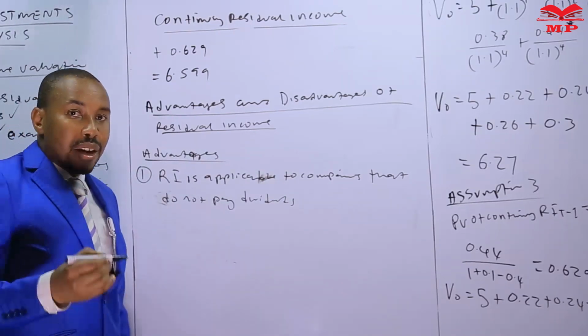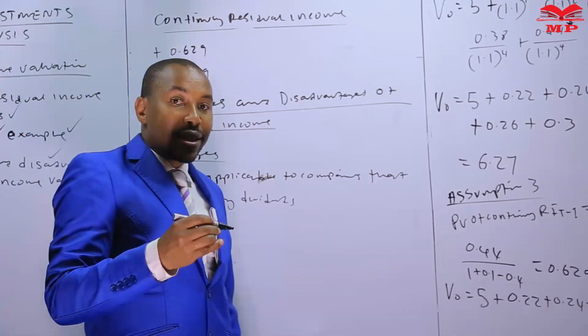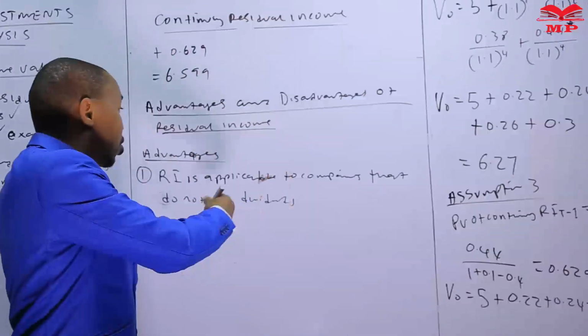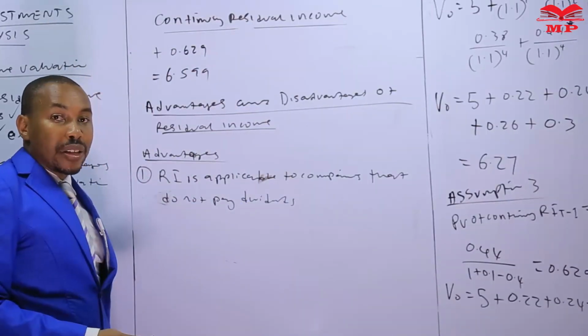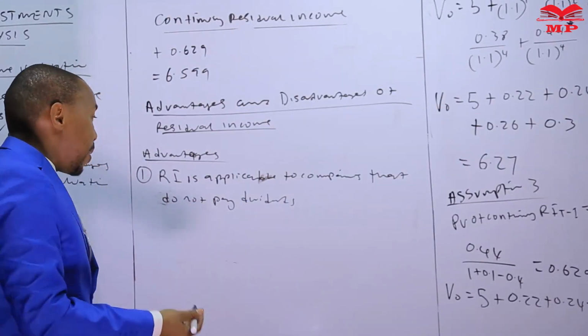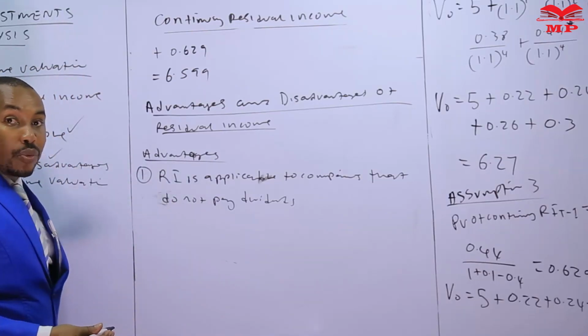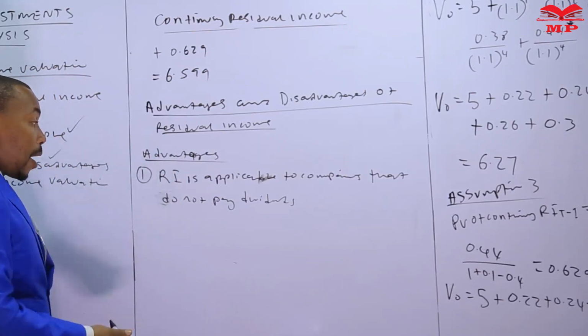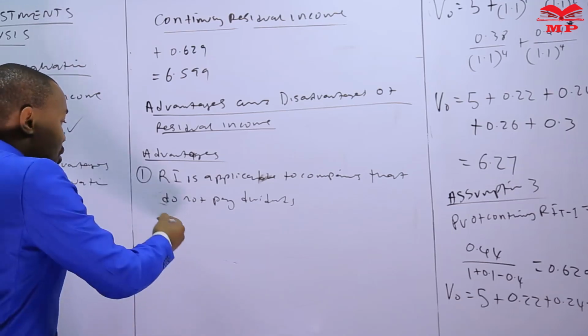Unlike the discounted dividend valuation, where we must have a component of dividends, here residual income can be applicable to companies that do not pay dividends, and there are a good number of companies which do not pay dividends, which can therefore use the residual income.